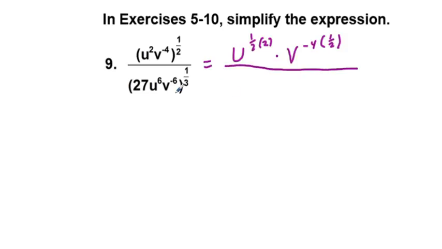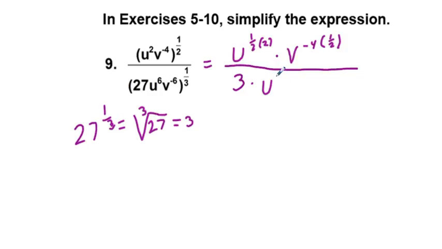So what we're going to have in the denominator, 27 to the 1/3 power equals the cube root of 27. And what that means is, what number do you multiply by itself 3 times to equal 27? And that's going to be 3. So we rewrite the denominator. 27 to the 1/3 power is 3. And then u to the 6th times 1/3, times v to the -6 times 1/3.